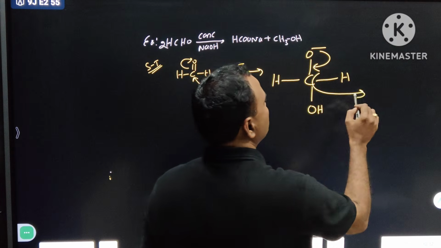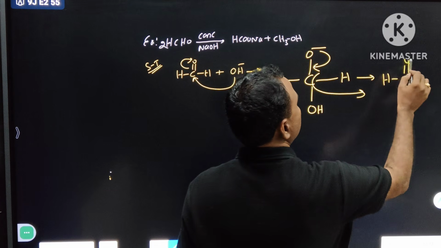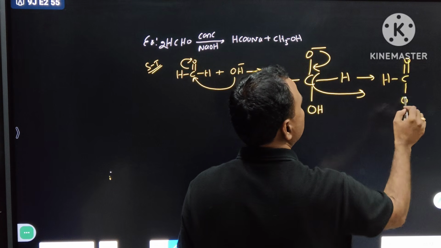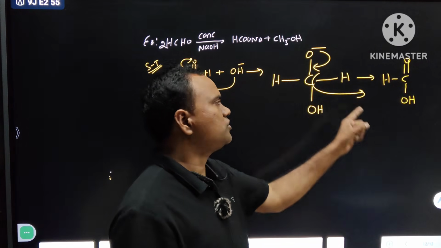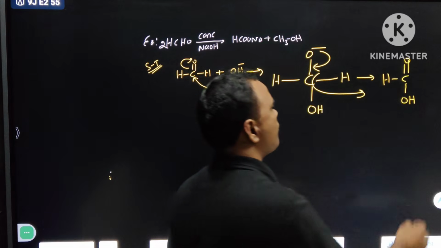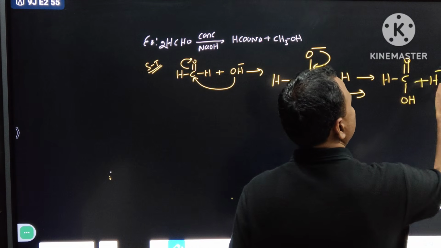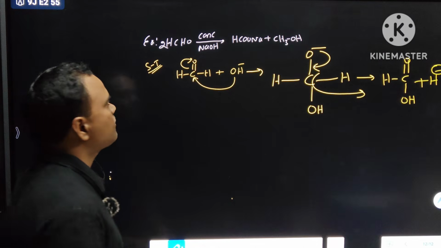Then H will leave along with its bond, because around carbon only 4 bonds should be present, right? If hydrogen does not leave, then carbon will get 5 bonds, and 5 bonds are not possible. H negative. Right. This is about step 1.